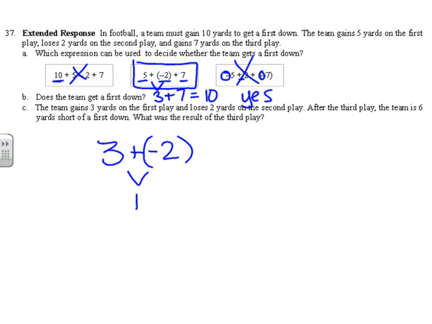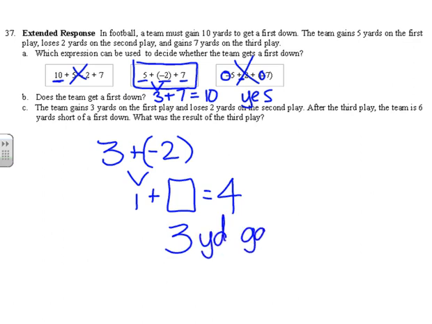It says that the team is 6 yards short of the first down, so that means that they are 4 yards away from where they need to be. So we're looking for what number can we add to 1 and get 4. That's going to represent 3 yards. So you'd say that they had a 3-yard gain on the third play.